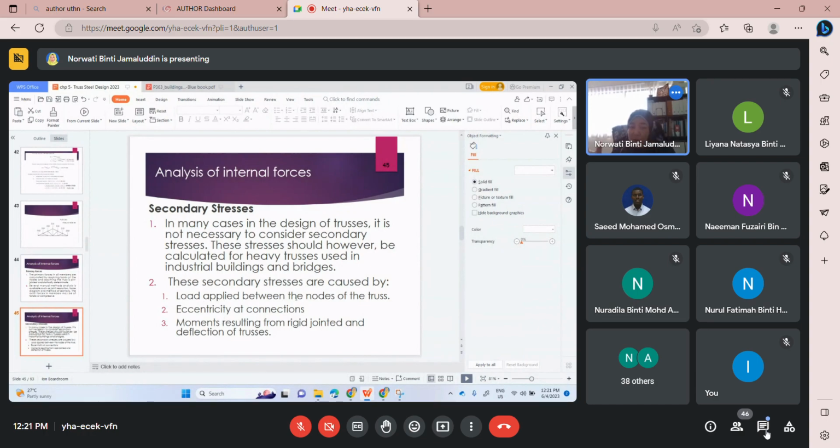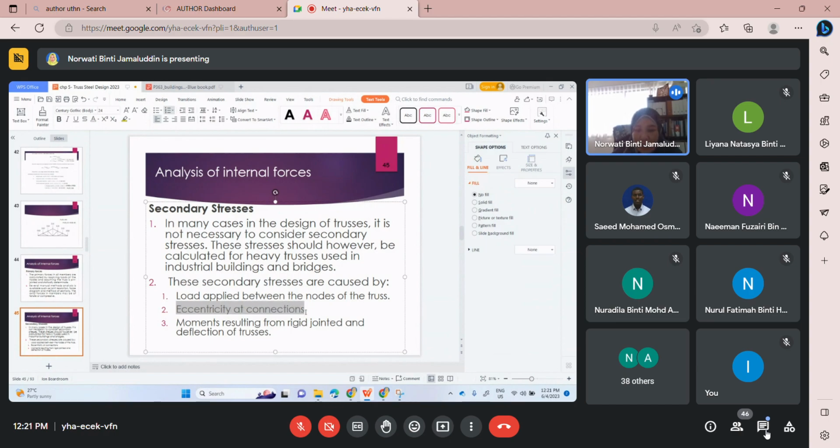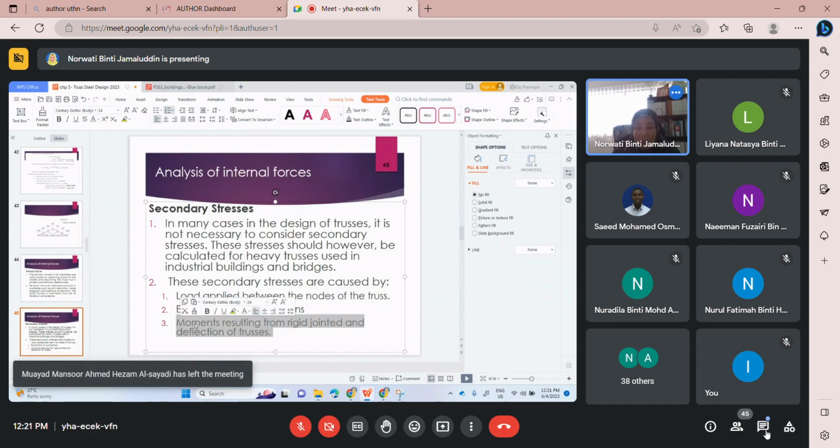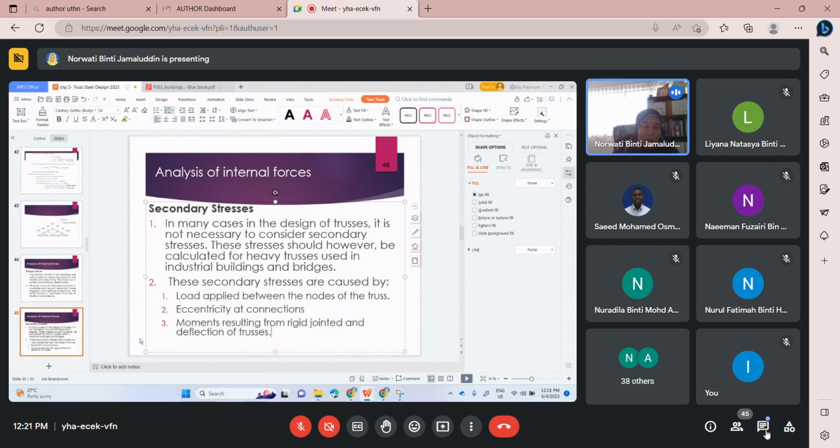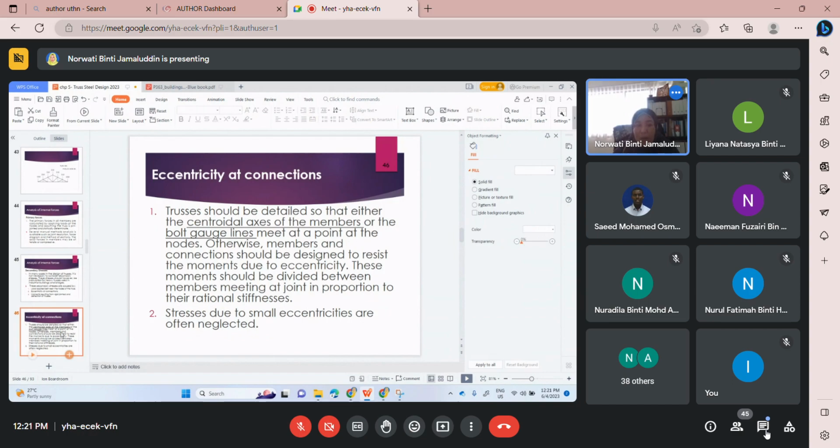Load in between nodes will create bending. The other causes: eccentricity at connection, and last, there's a moment because you use rigid joint, and there's a deflection that occurs in the truss.